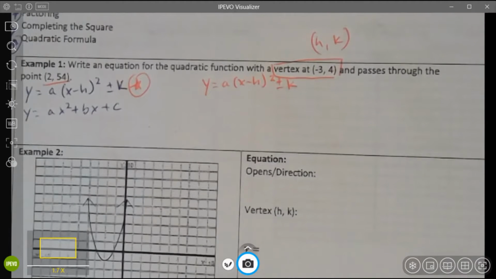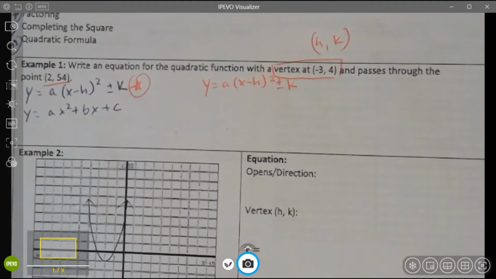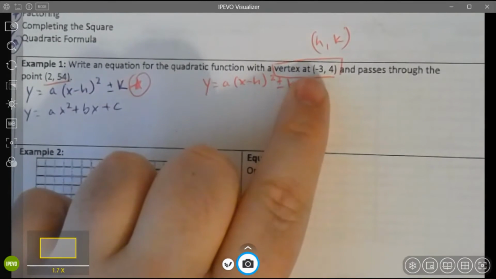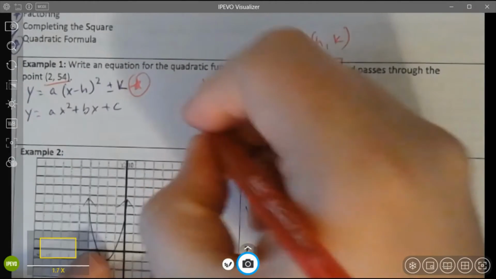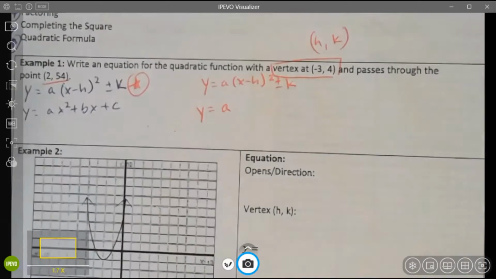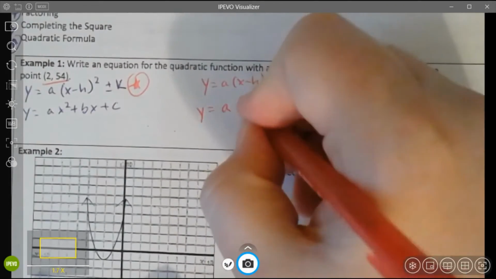And then since the vertex is -3, 4, remember h always does the opposite. So when I write my equation, instead of a -3, I'm going to put a +3. So I'm going to say y equals a, because I don't know what a is, times x plus 3 squared.